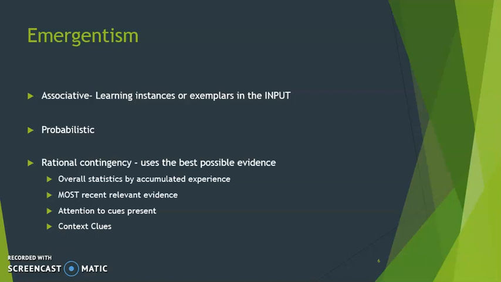We're going to pay attention to cues that are present in the language. And we're also going to use context clues. We're going to use all the information that we have in the language, right? Remember, our learning emerges from the language input, which is the input in the environment, but also our own input.